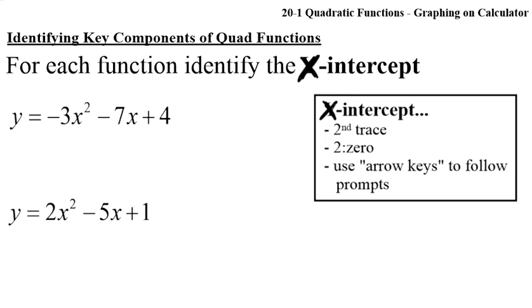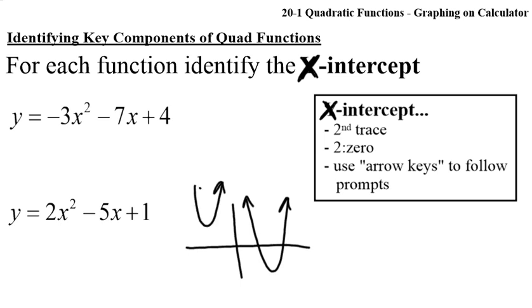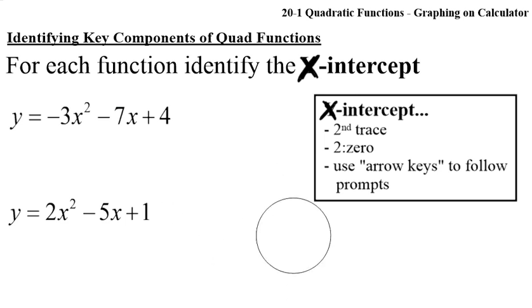We want the x-intercepts. Now remember, we talked about this. Right now in this unit, with x-intercepts, all we're normally trying to do is identify how many. But with the calculator right now, you should be able to calculate what they are. Can't do it algebraically, but the x-intercept is fair game with your calculator.